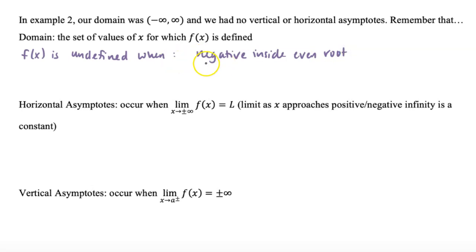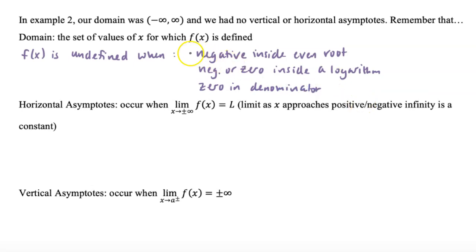Number 2, when we have a negative or 0 inside of a logarithm. And number 3, when we have a 0 in the denominator. All right, so these 3 things are going to give us a function that's undefined.